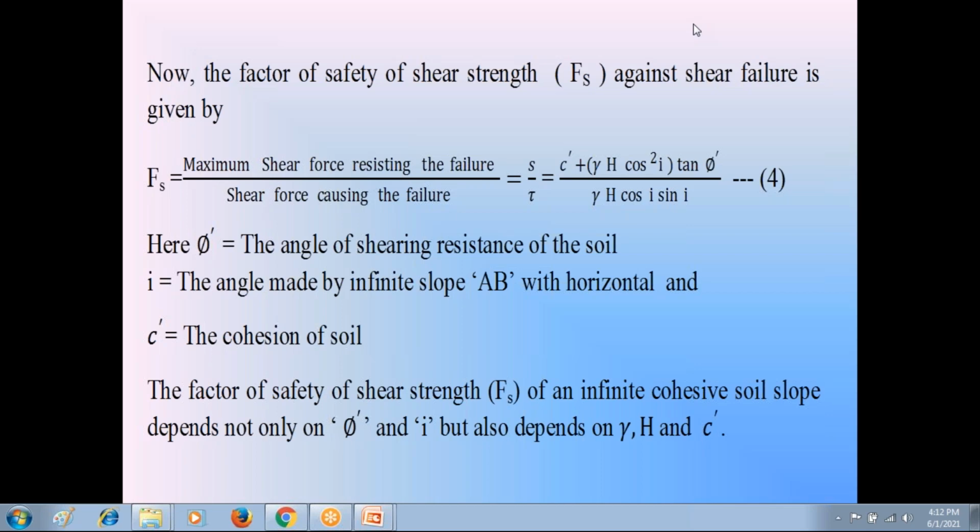Just now we completed the infinite cohesive soil slope in dry condition. If you have doubts in this discussion, please ask me.